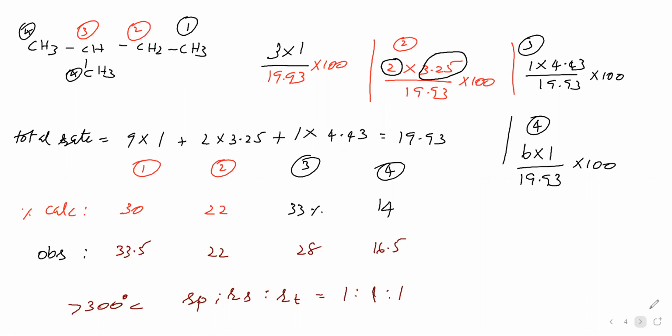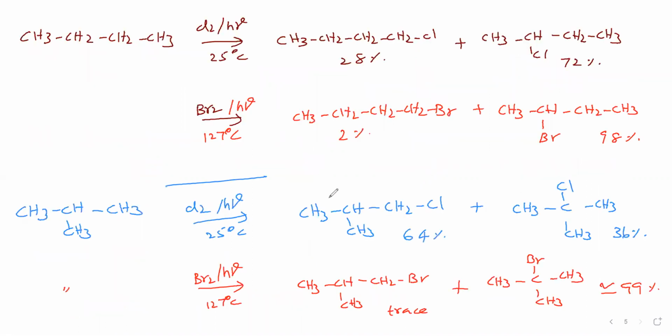But in this case, for bromination, shall we consider the rate of halogenation alone, or the probability of hydrogens, that means the number of hydrogens available? Which shall we consider, or shall we consider both for bromination?